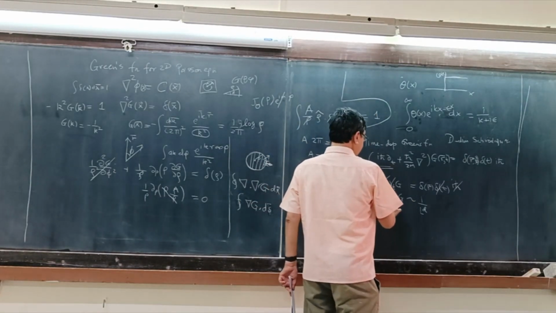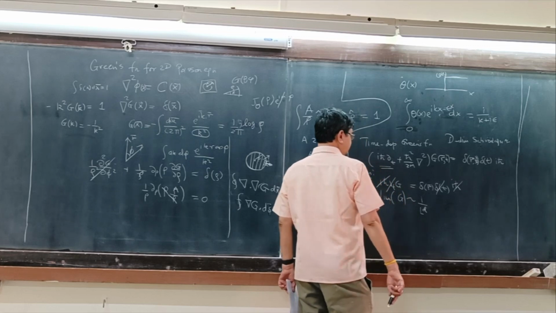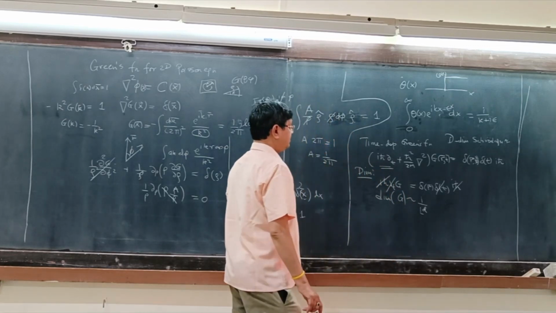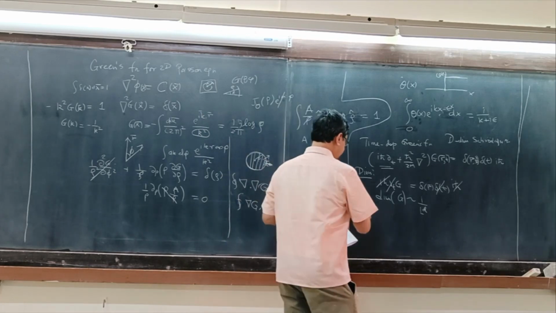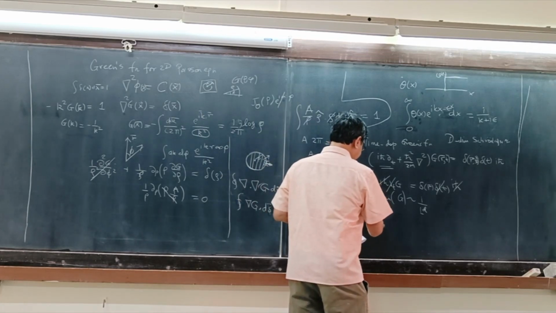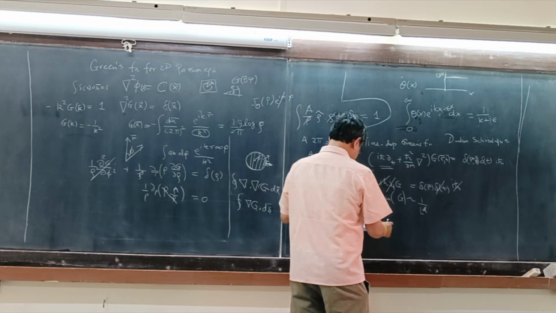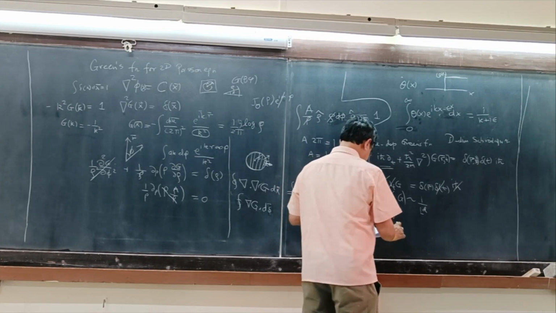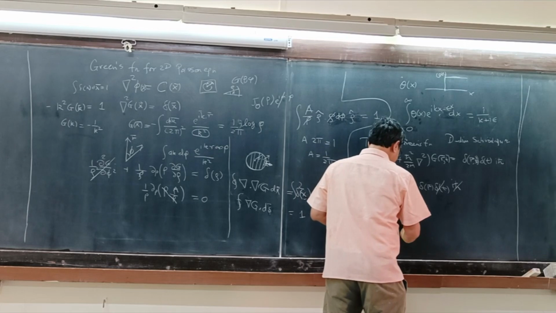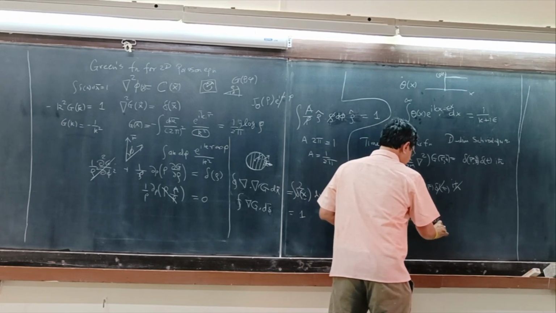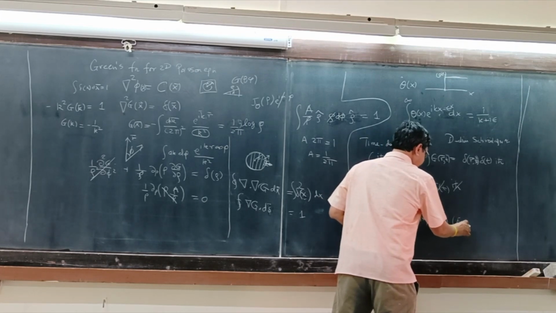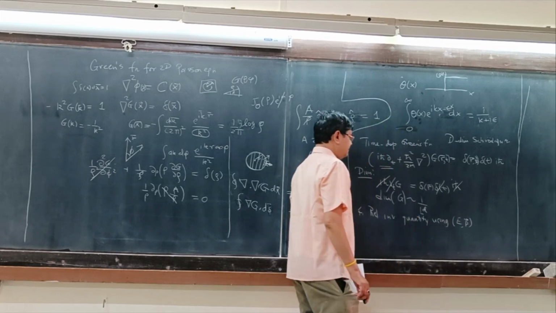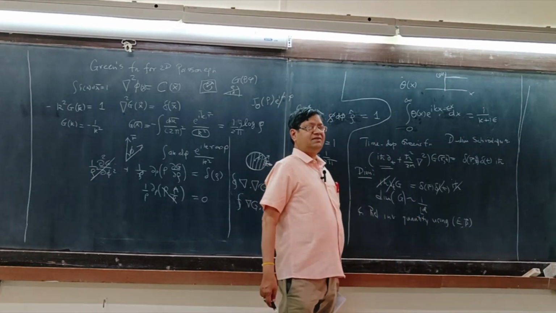The fourth one was the relativistic invariant quantity, using the four-vector.